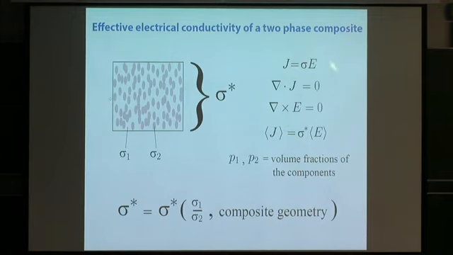This local constitutive law becomes this macroscopic constitutive law, which defines the effective conductivity, sigma star, for this material, where sigma 1 is in the volume fraction p1 and sigma 2 is in the volume fraction p2, where p1 plus p2 is 1. And in general, this homogenized parameter, this effective conductivity, is a very complicated function of the ratio of the constituent parameters as well as the composite geometry.